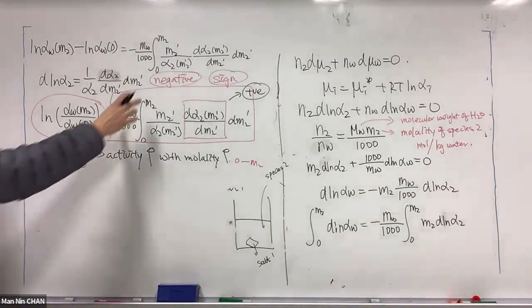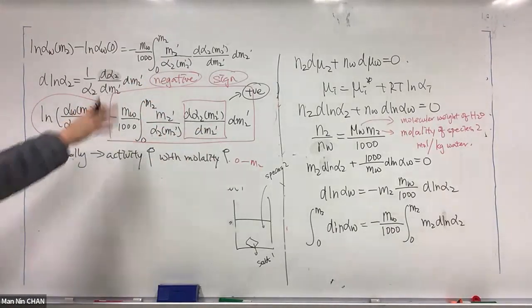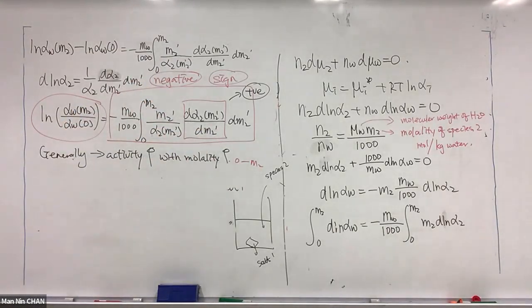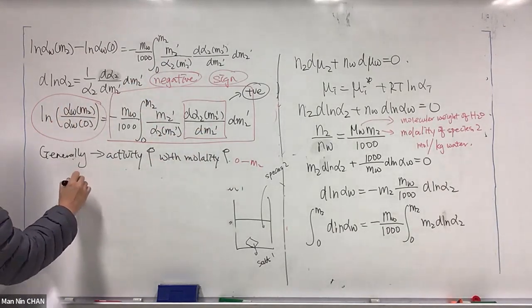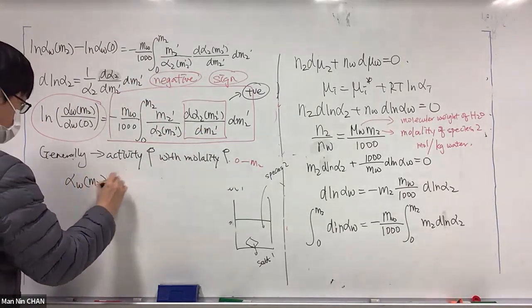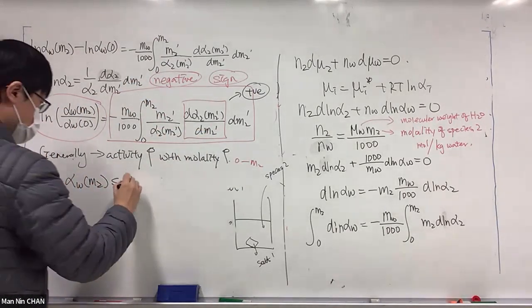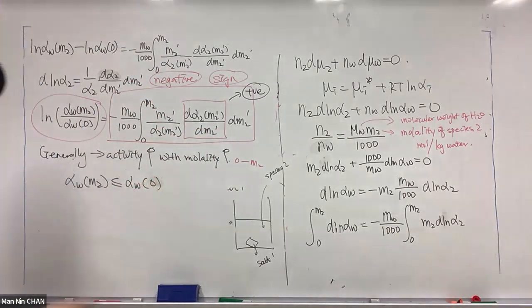So if the whole term is negative, you agree with me, this term will always be positive, so the whole term will be negative. If the whole term is negative, you will find that your water activity will decrease.